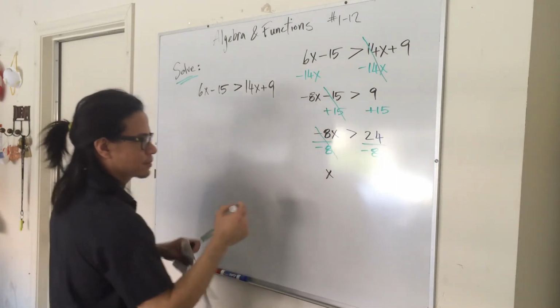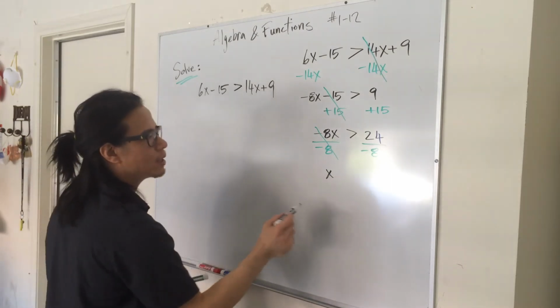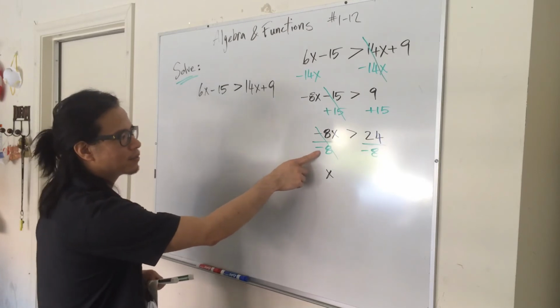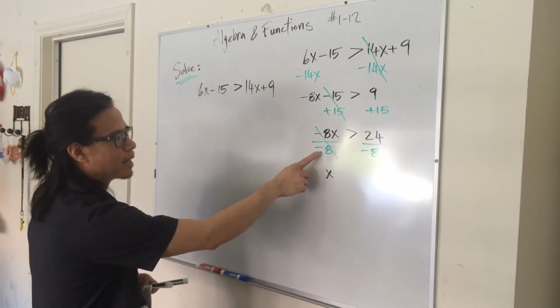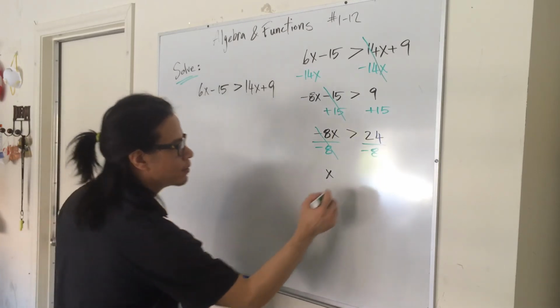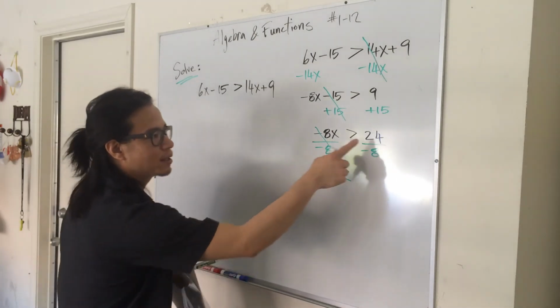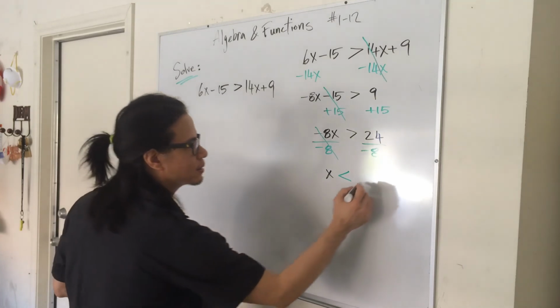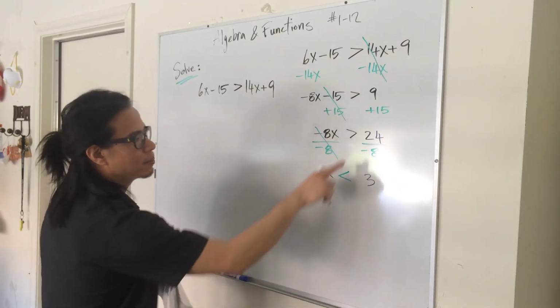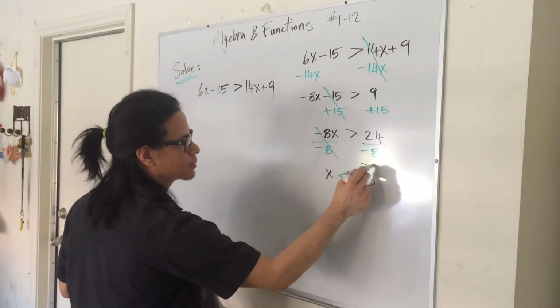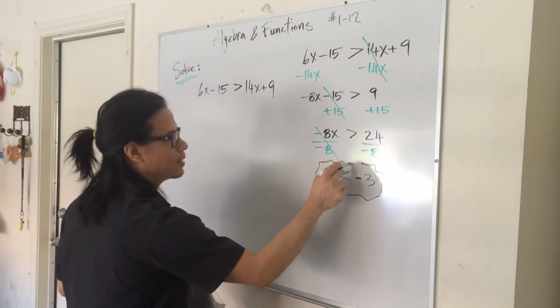X is it going to be greater than or less than? Remember, we have a negative number here. If you're dividing by a negative number, flip the sign. Okay, 24 divided by 8 is 3. Positive divided by a negative is negative. And there it is.